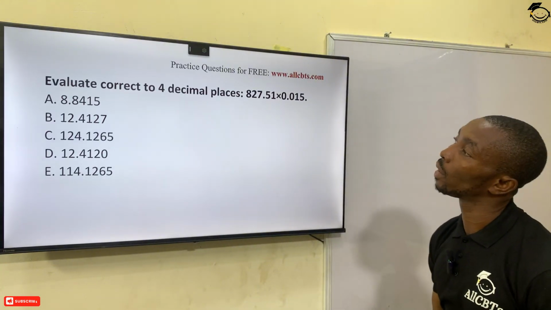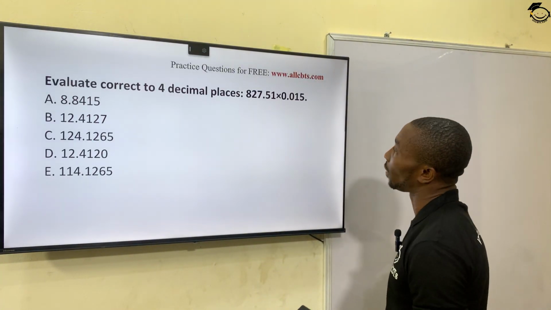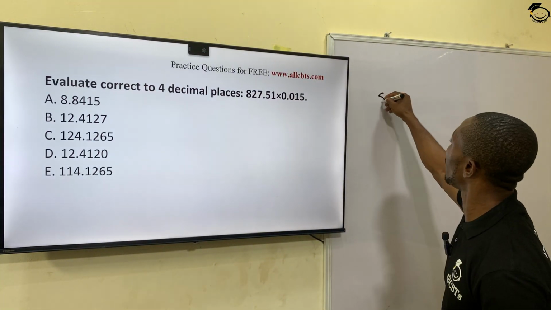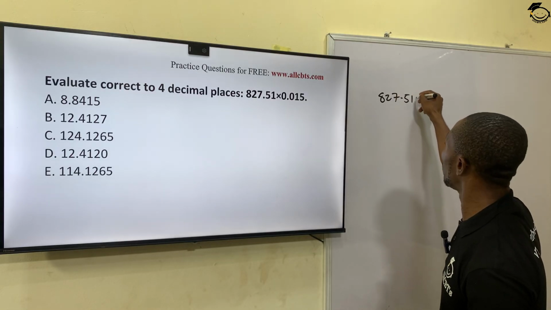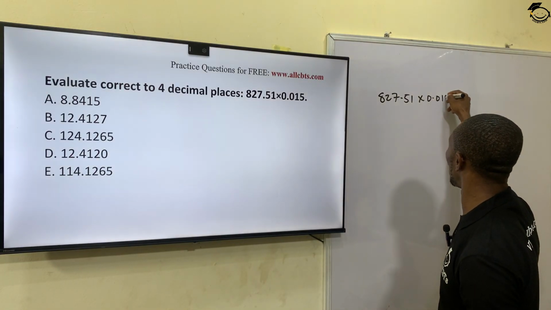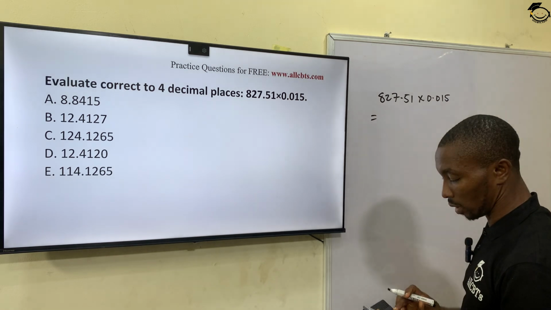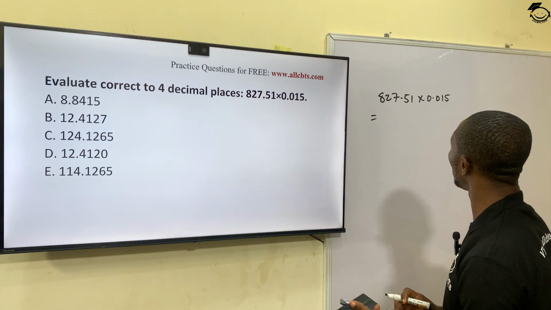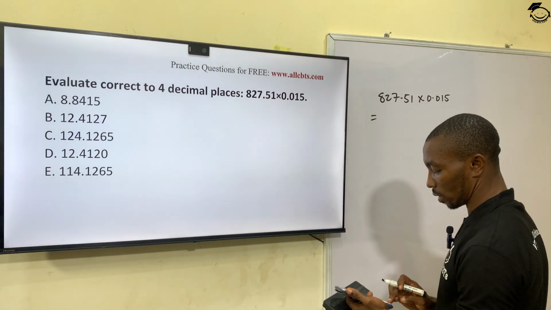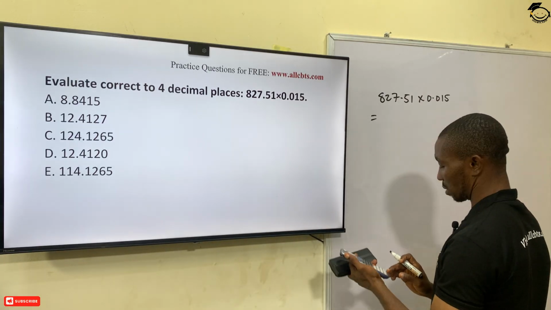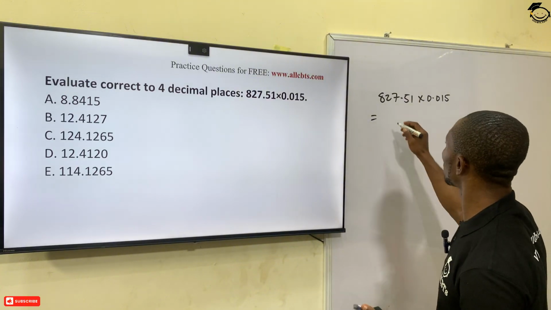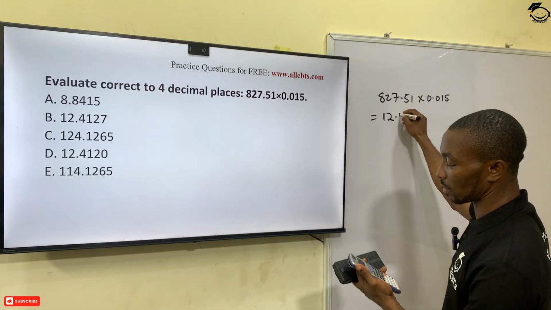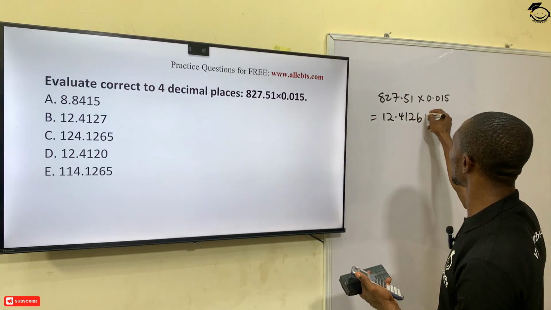Now, it says evaluate and correct to 4 decimal places. We have 827.51 times 0.015. Now, evaluating this, 827.51 times 0.015 gives us 12.41265.